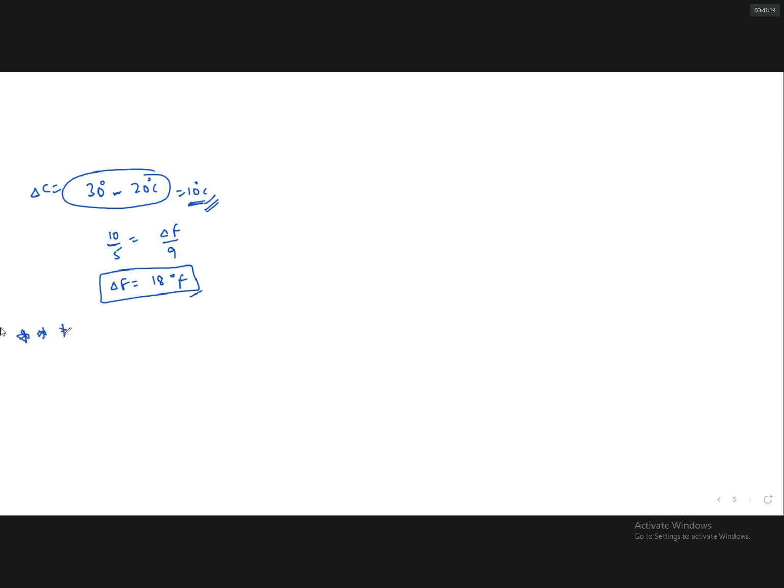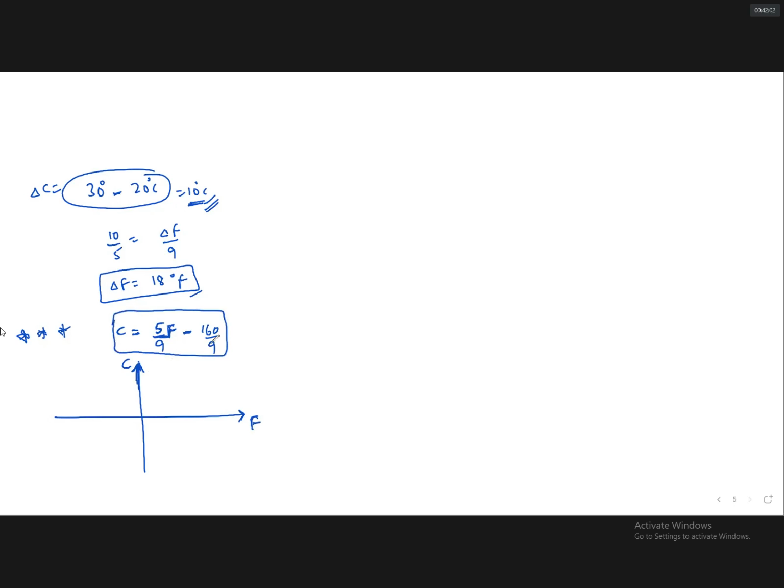Now, if you see the graph between Celsius and Fahrenheit scales, C is equal to 5 by 9 into (F minus 32). So we get 5F by 9 minus 160 by 9 as the Celsius reading. By taking Celsius on the y-axis and Fahrenheit on the x-axis, if you draw the graph, it is in y is equal to mx minus c form.